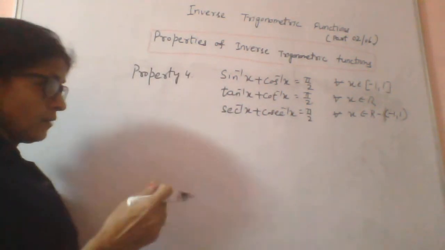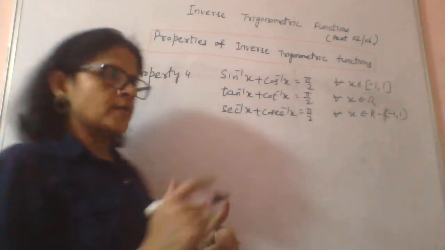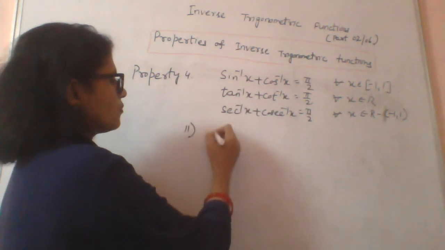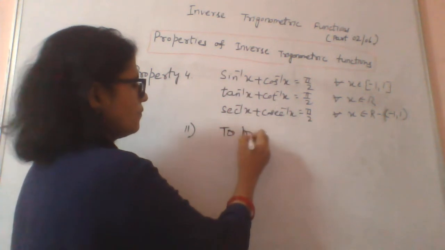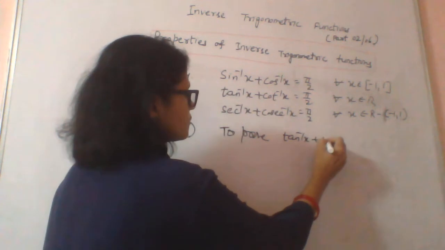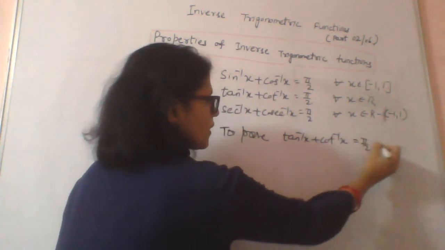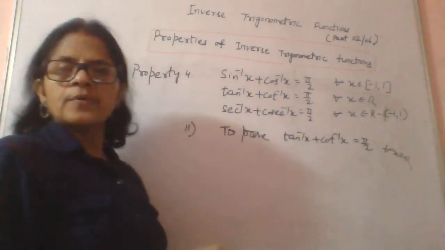If I take one part out of these three parts, I think you can do the other two parts. So maybe I can take the second part. To prove, we have to prove tan inverse x plus cot inverse x equal to pi by 2 for all x belongs to the set of real numbers.